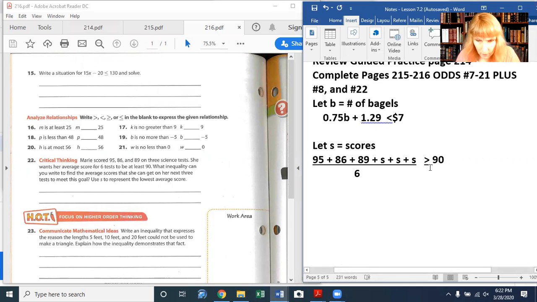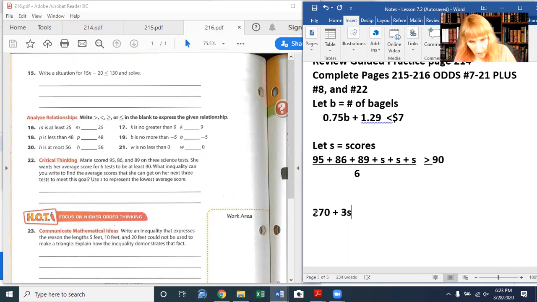We can actually condense that equation a little bit. We can add 95 plus 86 plus 89, and that would give us, I added that up, 270 plus. We can also combine these 3 S's here. If you combine a 1S plus a 1S plus a 1S, you end up with exactly 3S.